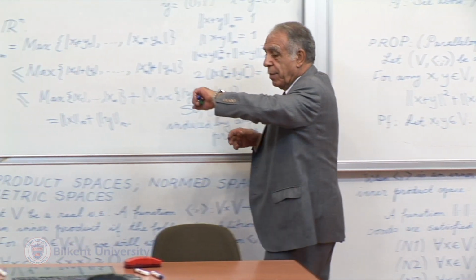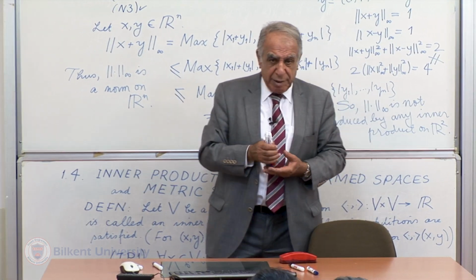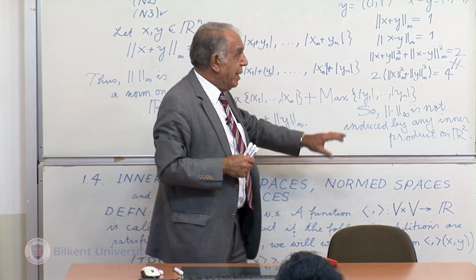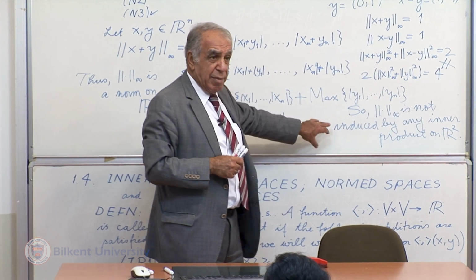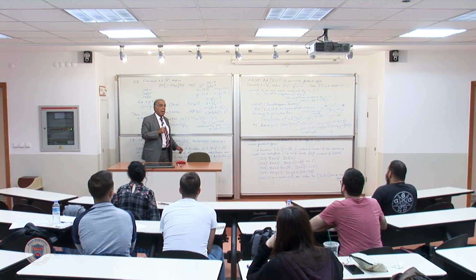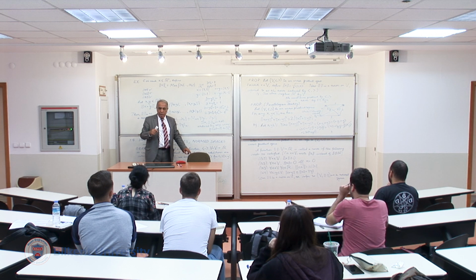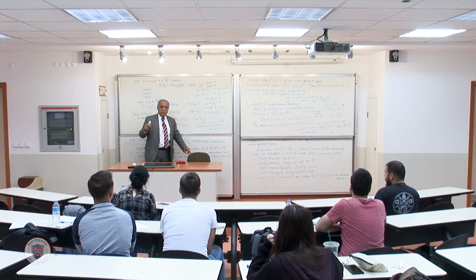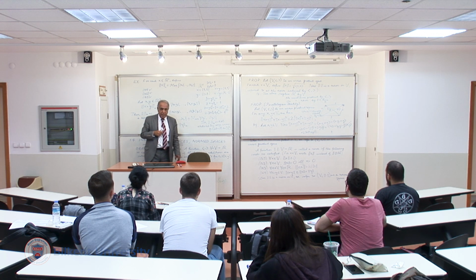So next time we'll start with metric spaces. So that will be the last item, the third item in here, but that will play the main role in what follows concerning the elementary topological properties of Euclidean spaces.